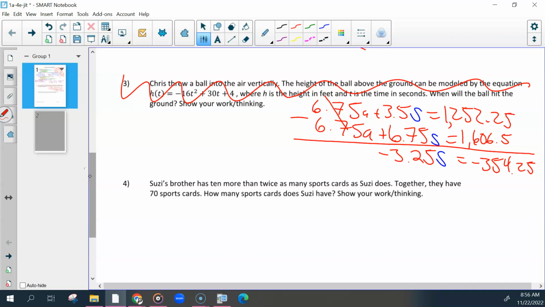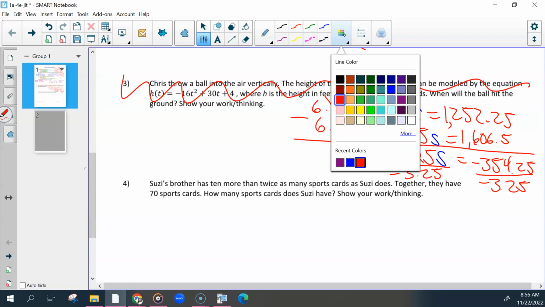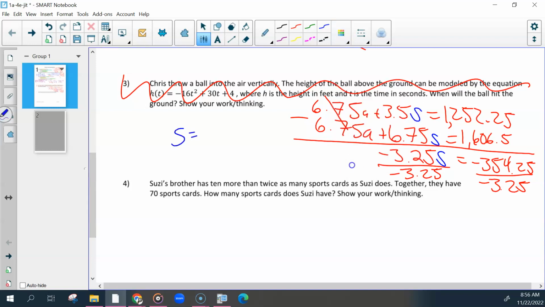Usually in word problems we can't have negatives, but both sides are negative, so it's going to end up as a positive, so it's okay. And then we're going to divide both sides by negative 3.25. So that S equals 109 student tickets.